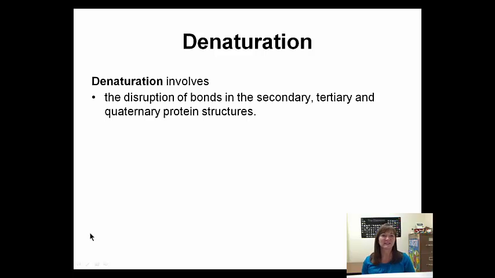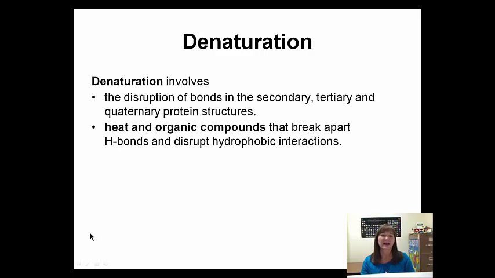Okay, denaturation. It involves the disruption of bonds in the secondary, tertiary, and quaternary structures. It does not break apart the peptide bonds in the primary structure. That's important to know. So here's some ways to denature a protein. Heat and organic compounds will break apart the hydrogen bonds and disrupt any hydrophobic interaction.